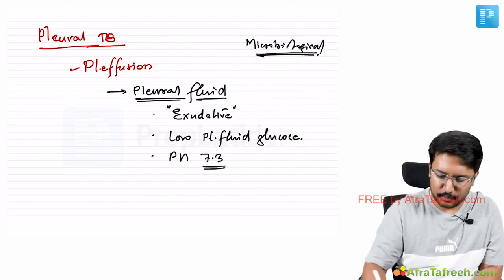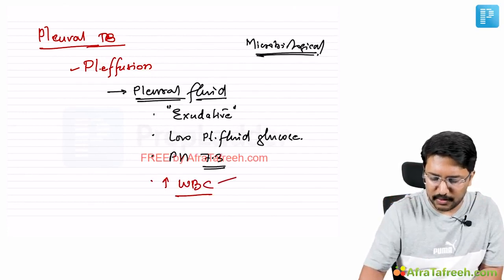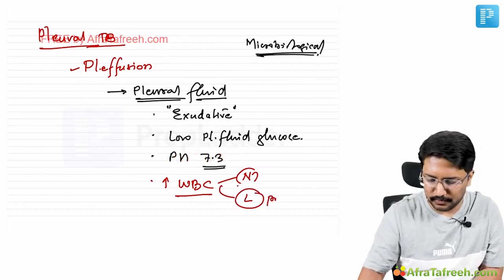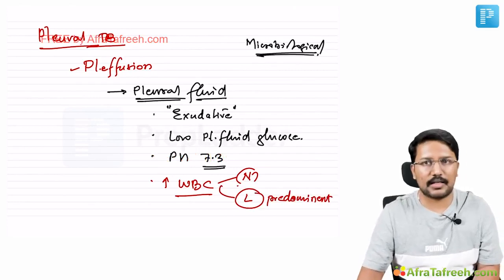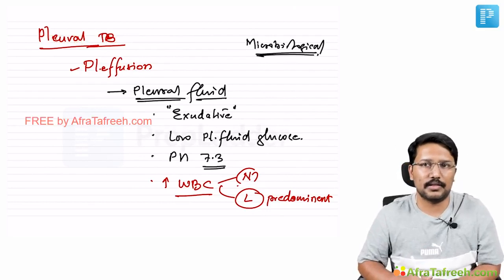Then the pleural fluid will show increased WBC counts. Initially, it may be neutrophil predominant, but eventually most cases will become lymphocyte predominant, right? It is not unusual to see lymphocytes as high as 95% of the total WBC count in these patients.